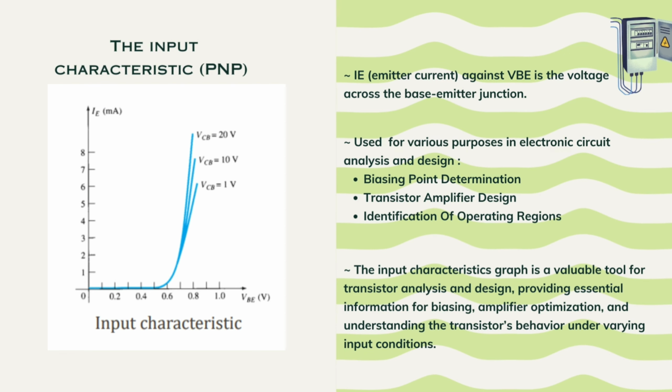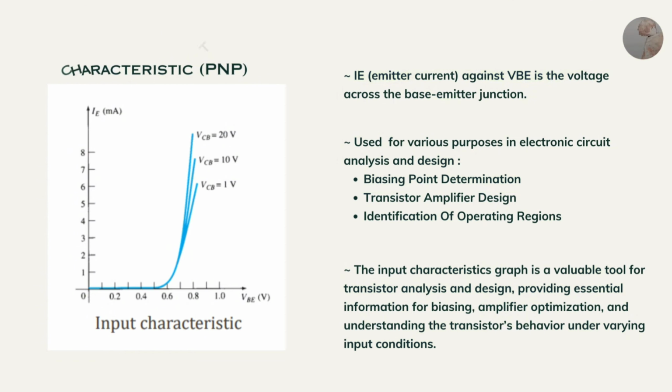In summary, this graph is a valuable tool for transistor analysis and design, providing essential information for biasing, amplifier optimization, and understanding how the transistor behaves under varying input conditions.